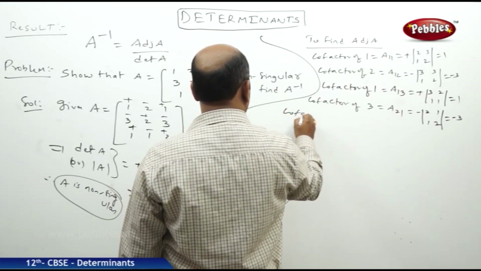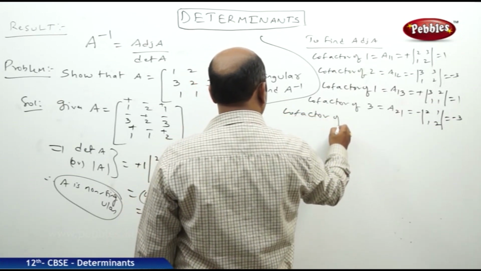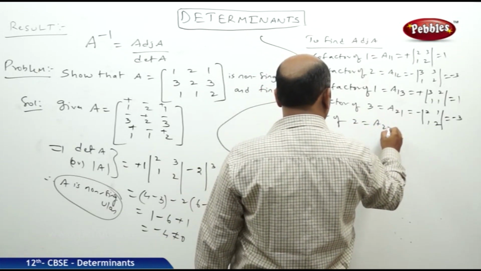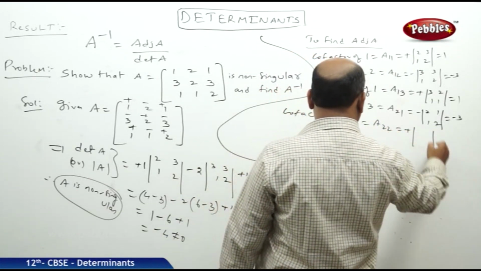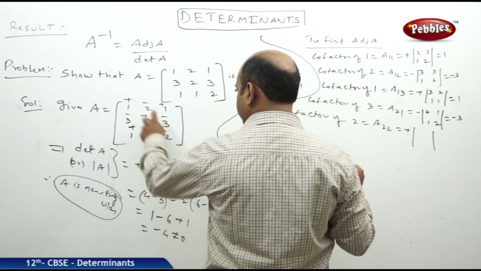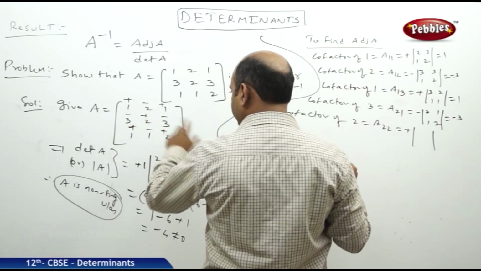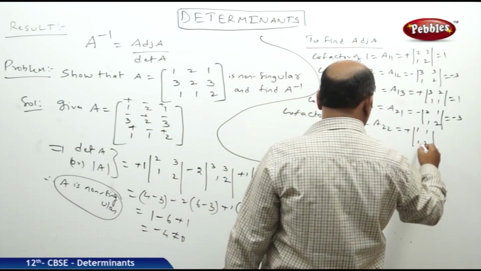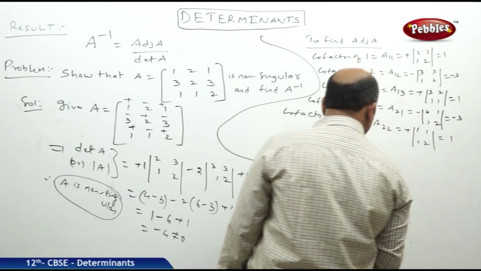Next, cofactor of 2. That means it will be A22 and it will be plus into its minor. So 1 1 1 2, so 2 minus 1. 2 minus 1 is 1.